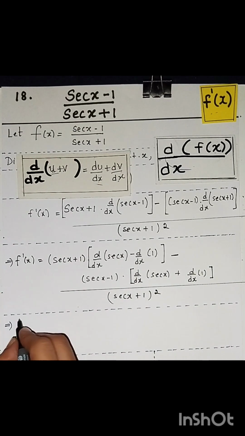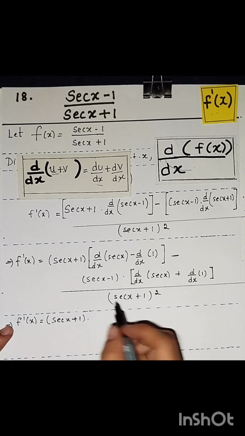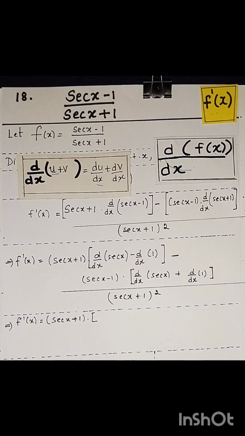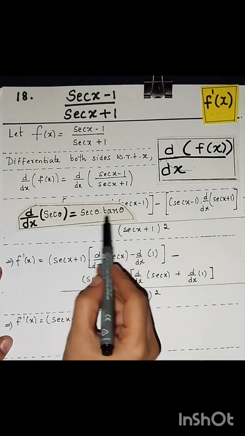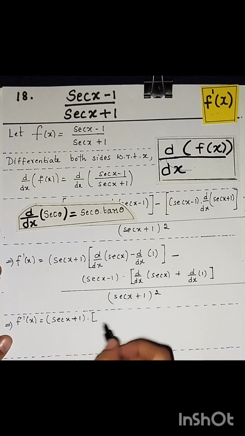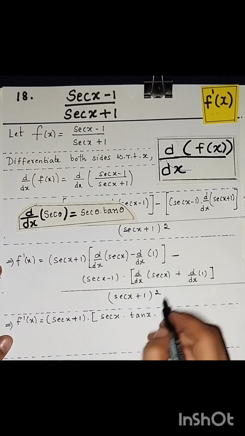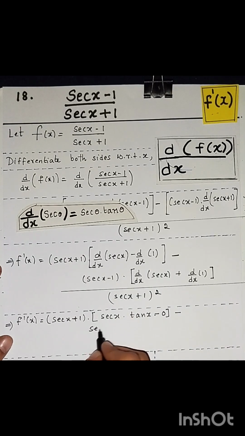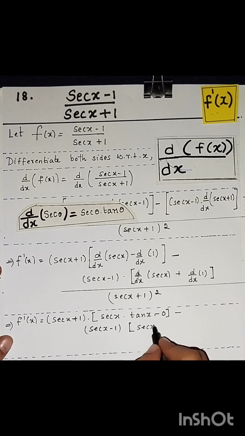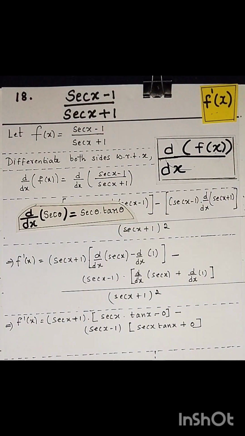Now this implies f dash of x is equal to secant x plus 1 into derivative of secant, which is secant theta into tan theta. So derivative of secant theta is secant theta into tan theta. So derivative of secant x will be secant x into tan x minus derivative of 1 is 0, minus secant x minus 1 into, again derivative of secant x is secant x into tan x plus derivative of 1, which is constant, 0.